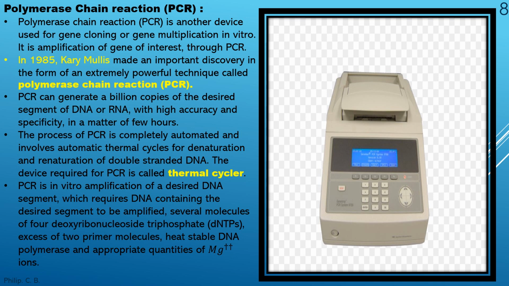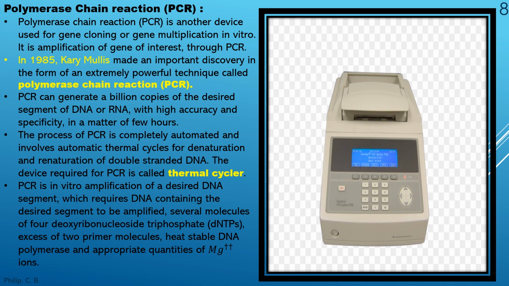Now PCR can generate a billion copies of the desired segment of DNA or RNA with high accuracy and specificity in a matter of a few hours. That means by using this particular method, we can make billions of copies in just a few hours. Okay. The process of PCR is completely automated and involves automatic thermal cycles for denaturation and renaturation of double-stranded DNA. The device required for PCR is a thermal cycler.